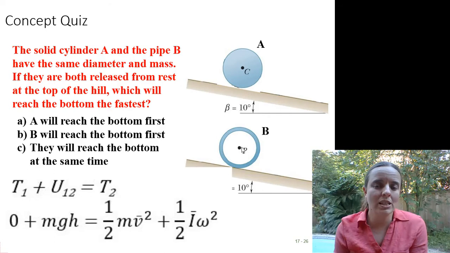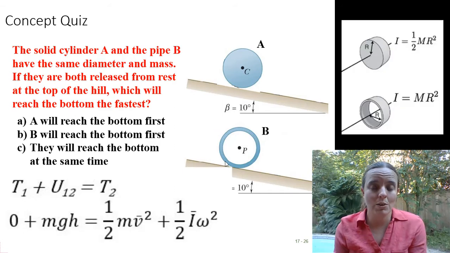If I look up the inertias of these objects in tables, which is harder to rotate? The pipe is harder to rotate. This one is m r squared; the entire mass is way far away from the center. Hard to rotate, easy to rotate. So that means when it starts rolling, more of that energy is going to get sucked into the 1/2 I omega squared chunk instead of the 1/2 m v squared part.